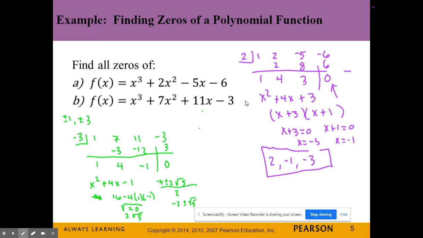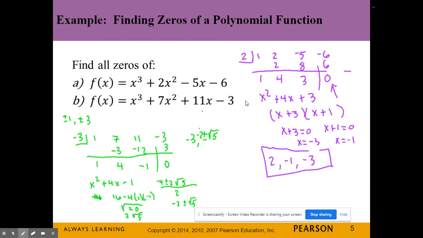And then it's -4, because it's opposite of b, plus or minus 2 root 5 over 2, which simplifies to -2 plus root 5 and -2 minus root 5. So those are your 3 zeros: -3, and then -2 plus or minus square root 5. The plus or minus obviously accounts for 2 different ones.